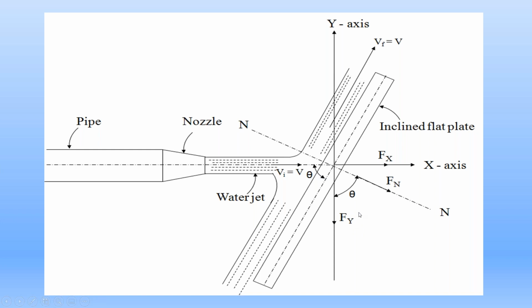Fy is equal to the projection of force Fn on the y-axis, so Fy is equal to Fn cos theta. Then force Fx is equal to the projection of force Fn on the x-axis. Fx is equal to Fn sin theta, because this theta is with the y-axis. Fy is equal to Fn cos theta. Fx is equal to Fn sin theta.